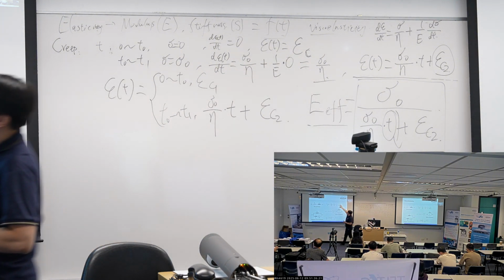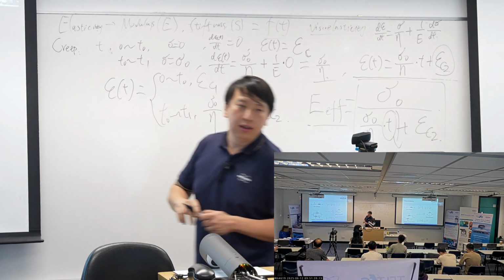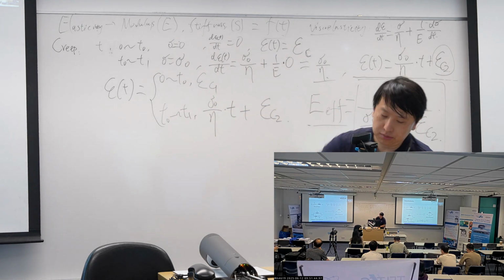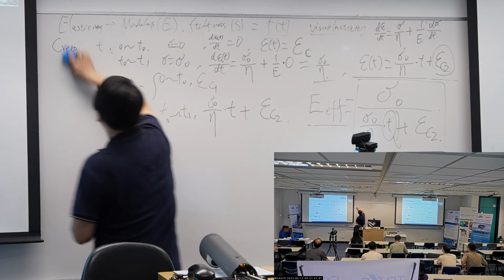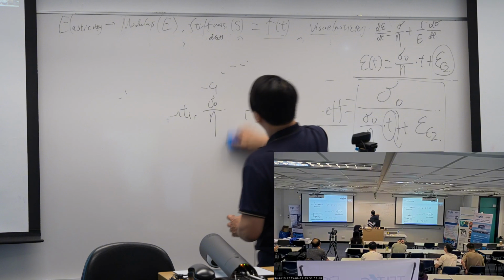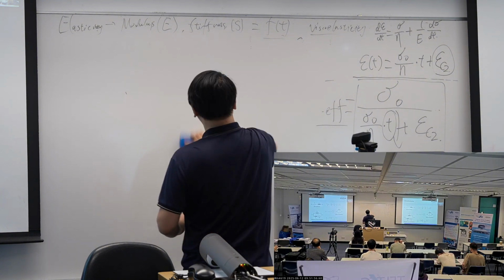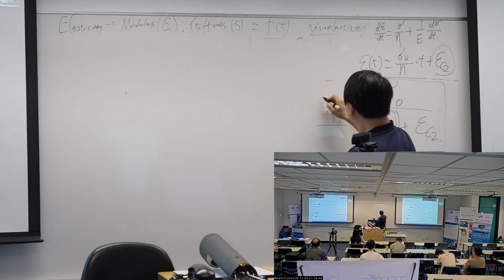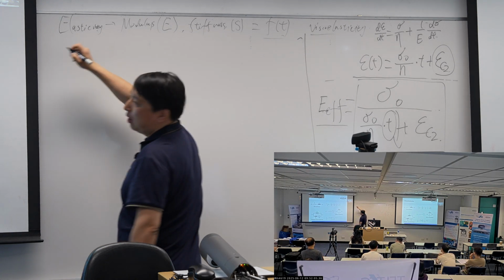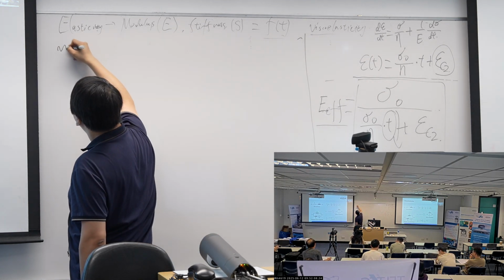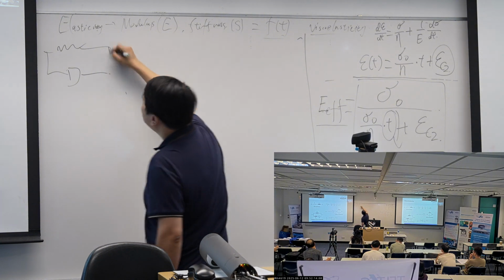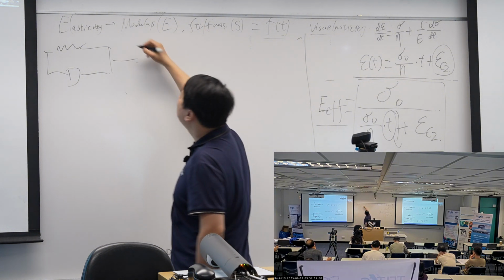Besides Maxwell, there's another person named Kelvin, and Kelvin developed another model similar to the Maxwell. He wanted to describe it this way. He thinks the elastic part and the viscous part are in parallel connection.